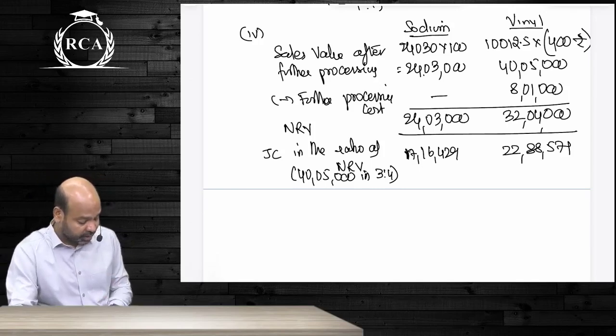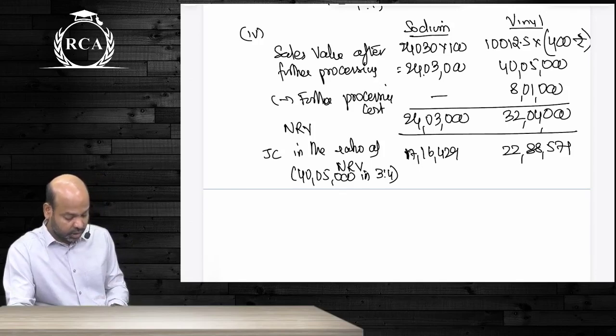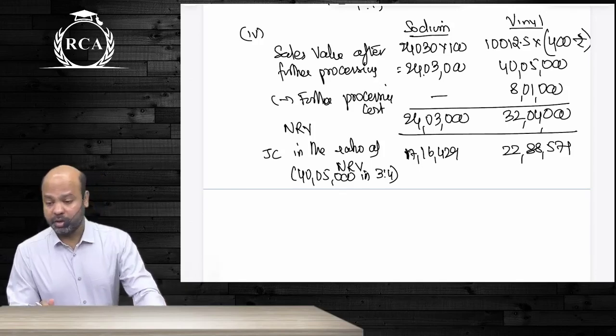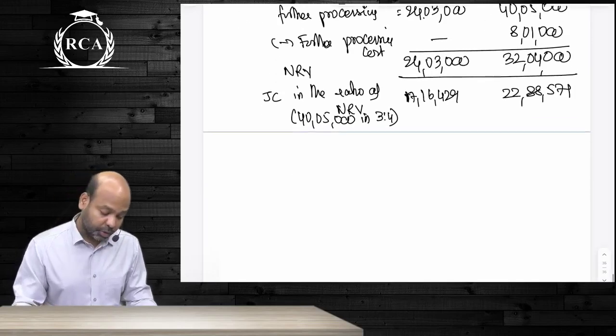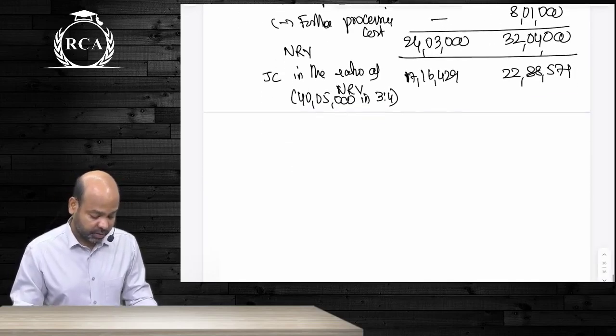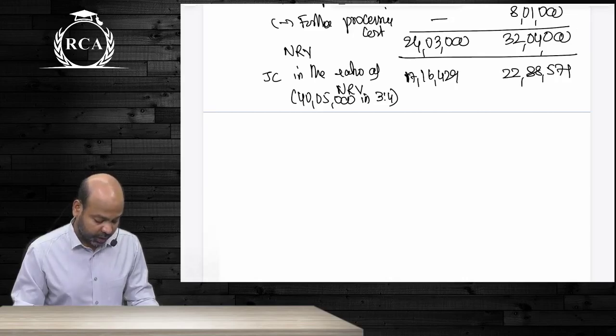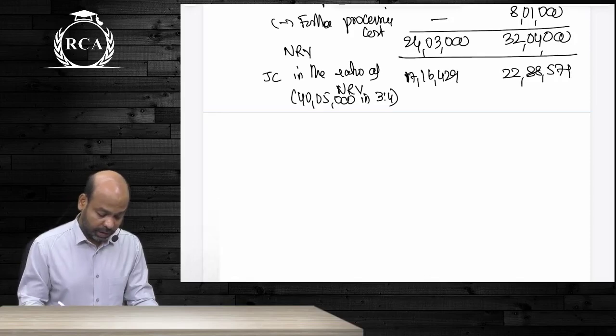Last bit, beta, they're asking us to arrive at net incremental profit. That is in relation to the product that is being further processed, guys. For the product that is being further processed, beta, you will have to arrive at... How much will that be, guys?